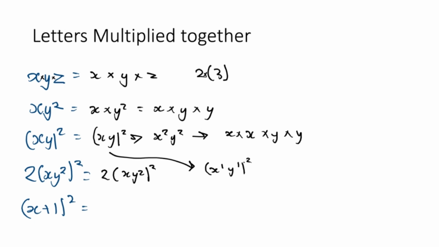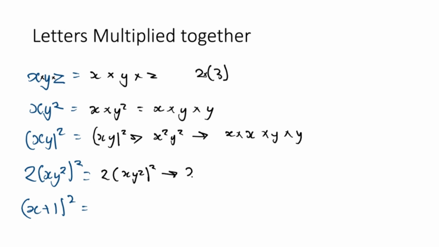So what you do when you have all of this to the power of 2 in brackets is you do 2 times the power of each term. In this case, it will turn into x squared, because 1 times 2, and then y squared, because 1 times 2, just like how we got the answer there. Same thing here.